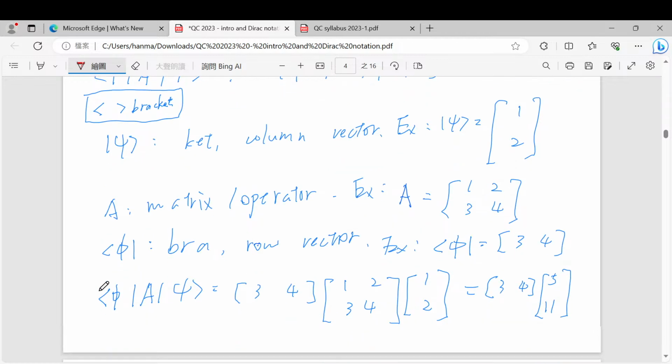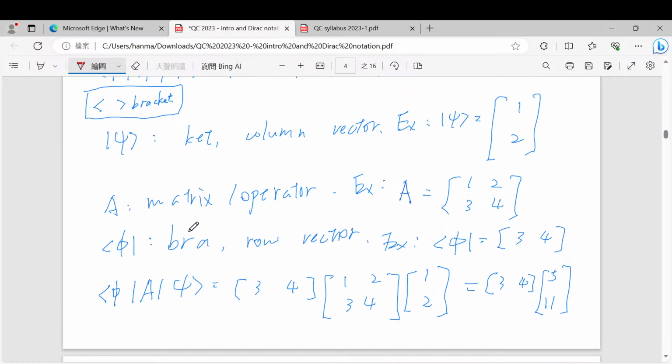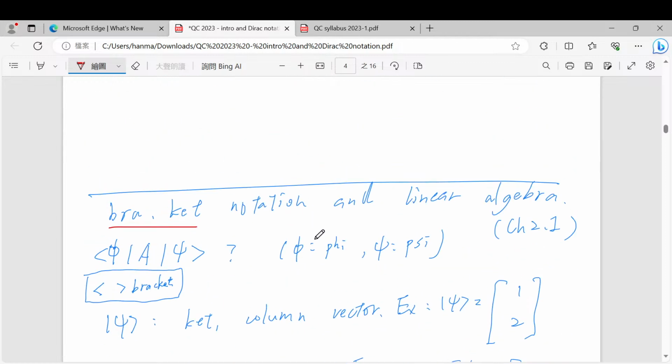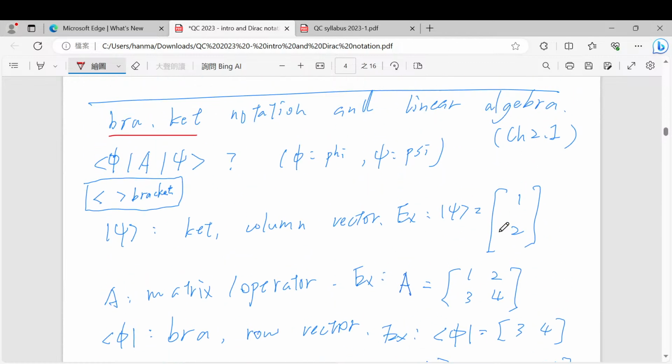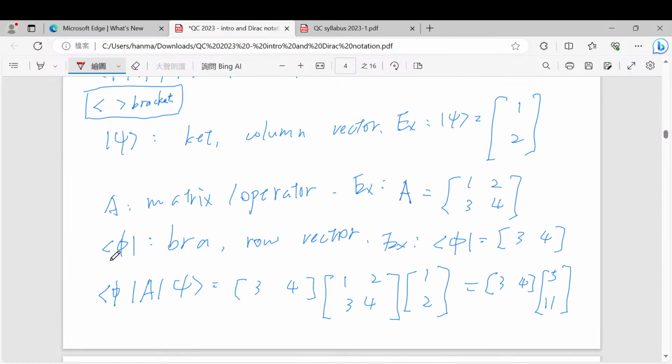And then we have those bra vectors. You write it like this: this is bra of phi, and bra vectors are just row vectors. So maybe your phi is the row vector 3, 4. Now we write a bra vector with a matrix with a ket vector, which just means we multiply them together with the matrix multiplication rule.